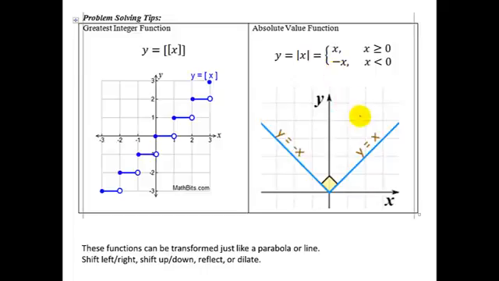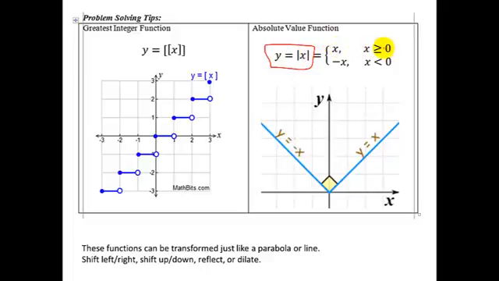So absolute value, you can see it's got two sections, the left side and the right side. And the way that it works is you give the function its symbol or name or equation, and then you define it separately for the different domains. So the output value of the function is x, which is the same as the input, which means you didn't change anything whenever x is greater than 0.